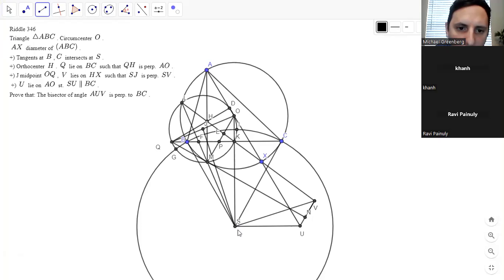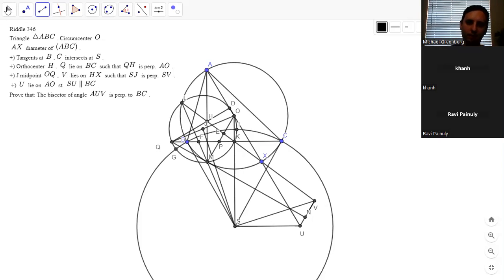Okay, let me see. So we have proven that EF is the radical axis. So EF must be parallel to SV, because SV is perpendicular to SJ.